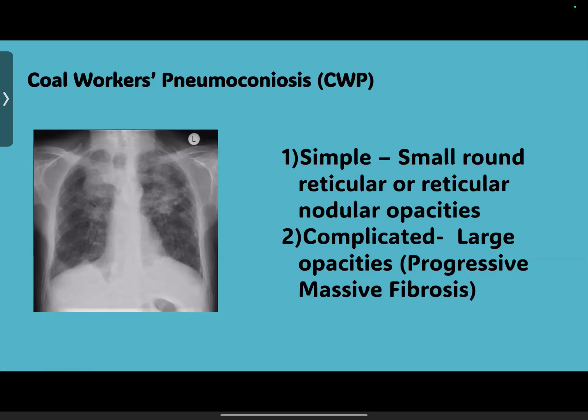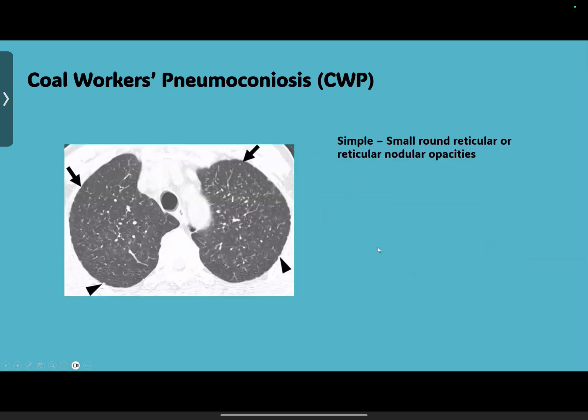So the way that we would figure out whether this is silicosis versus coal workers' pneumoconiosis is the history of the patient. In other countries, coal workers' pneumoconiosis is larger in number than silicosis, whereas in the United States, and worldwide as well, it's more silicosis. More silicosis cases are what would cause the progressive massive fibrosis.